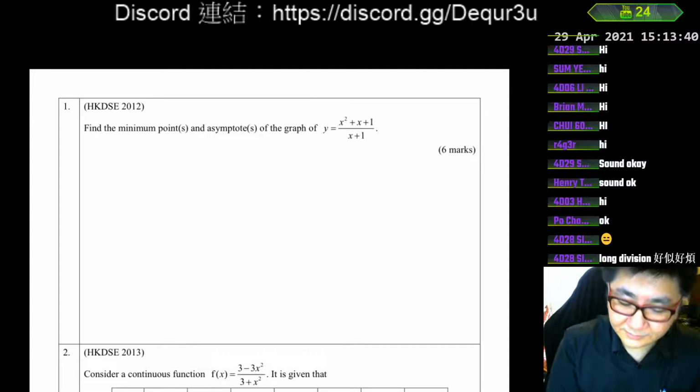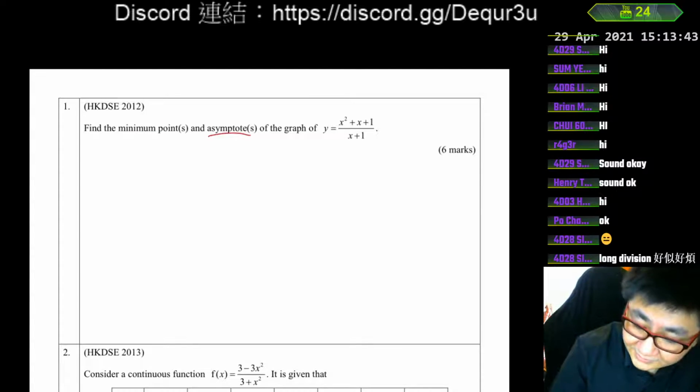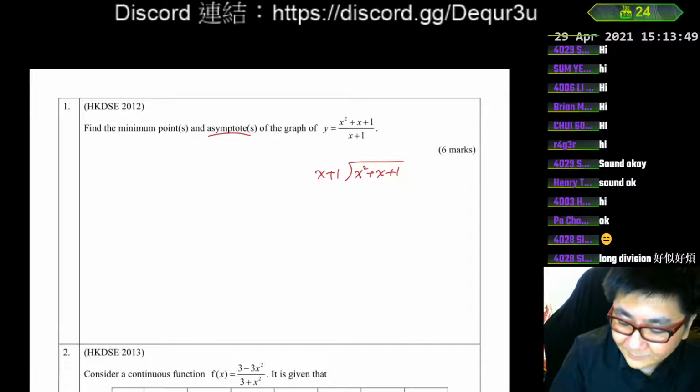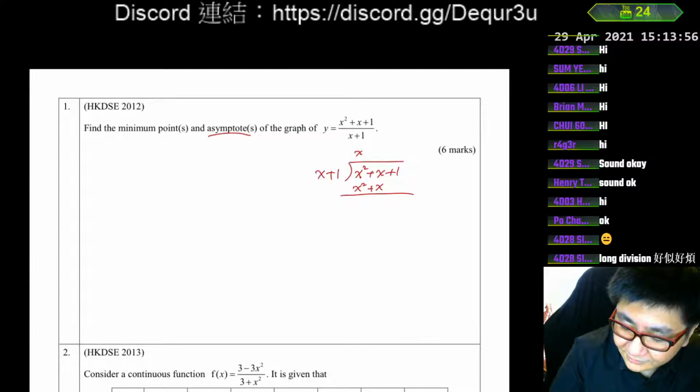Alright, we do the asymptote first, and same as before, we do a long division: x squared plus x plus 1 divided by x plus 1. Make x squared plus x, subtract, and nothing remains except 1 left behind.